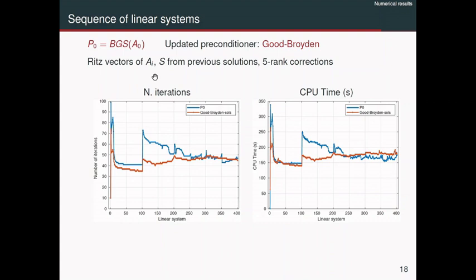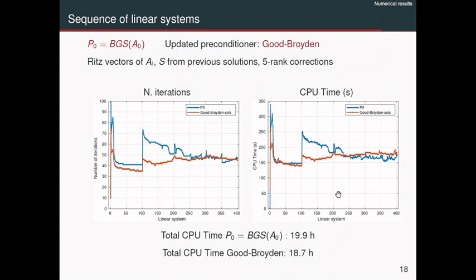For the vector of S, we have used the previous solution and a rank 5 correction. If we compare the number of iterations, we observe a reduction, not very high, between using the same P0 and using a good Broyden that is updated, and a similar behavior is observed in the CPU times. In the total CPU time with the fixed P0, the total is 20 hours, and this is a small decrease of the time if we use an updated preconditioner.